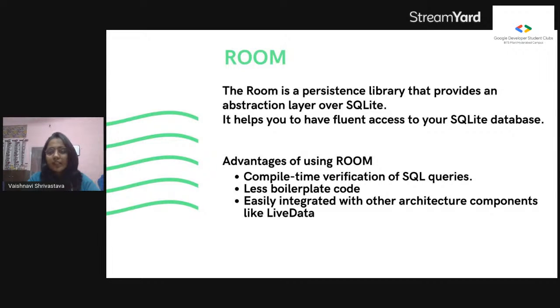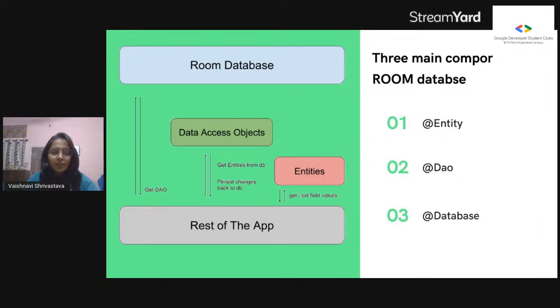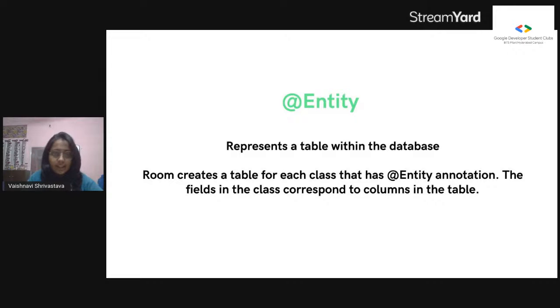And we'll see the main components of the Room database, which are the entity, the data access object, and the database. We'll see each definition one by one. The entity is like the data class that is defined. Suppose today we are going to make an inventory management app, where you store goods and products.